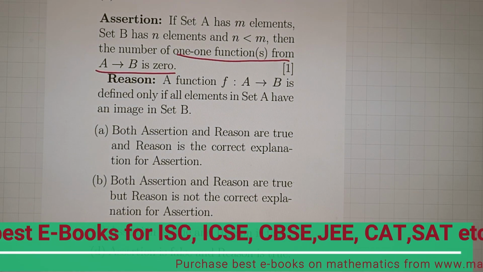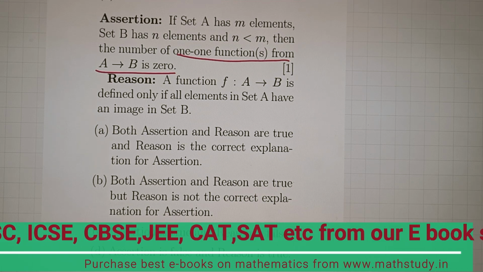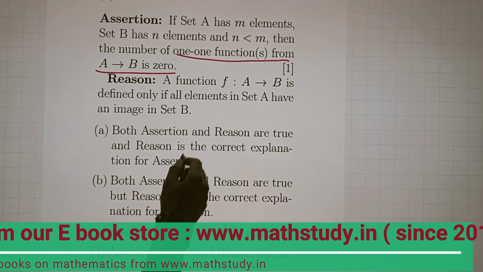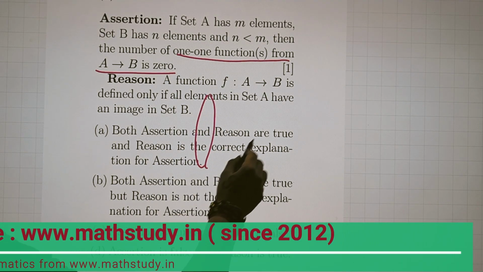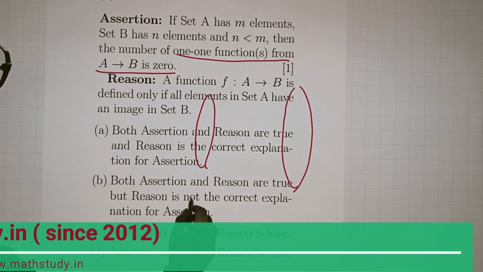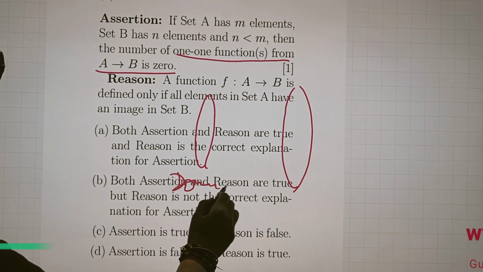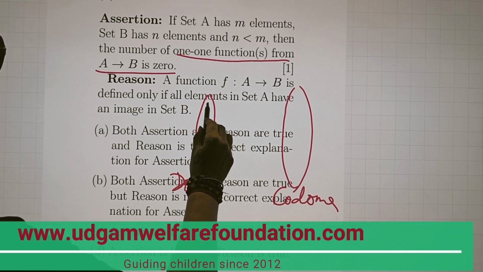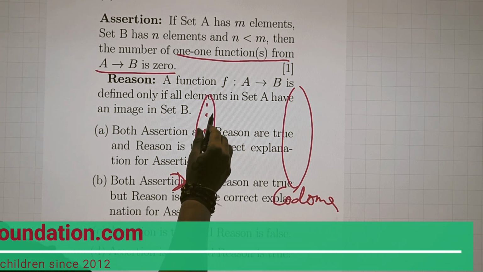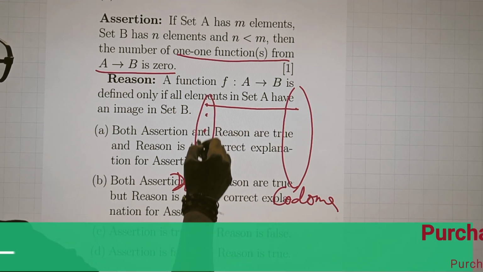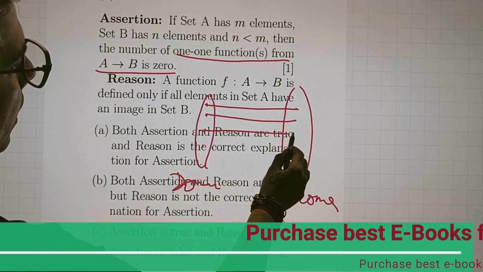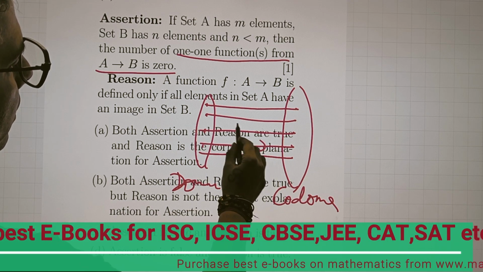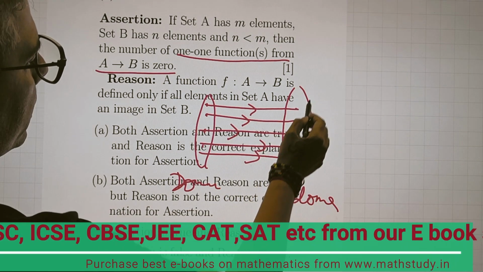So let's first understand our assertion here. Before that, we should understand what a one-one function is. Basically, we have a map here. This is the domain and this is the codomain. One-one only happens when each element in the domain has a separate image in the codomain.